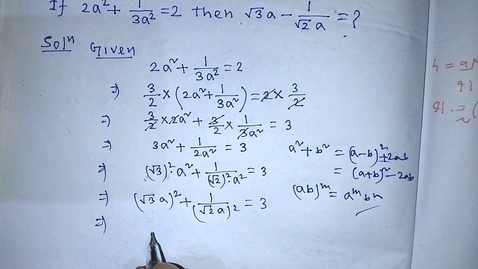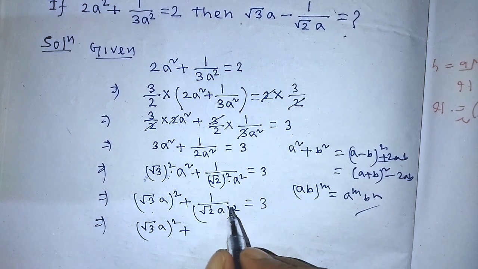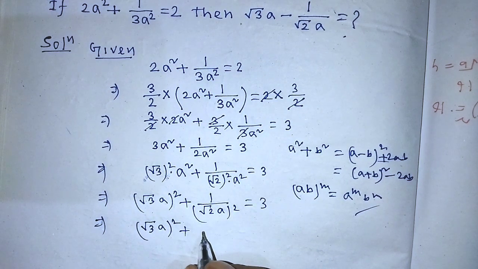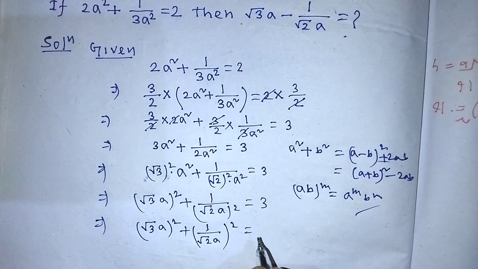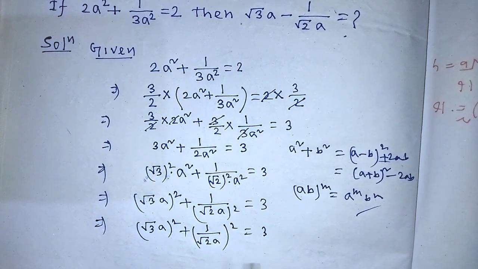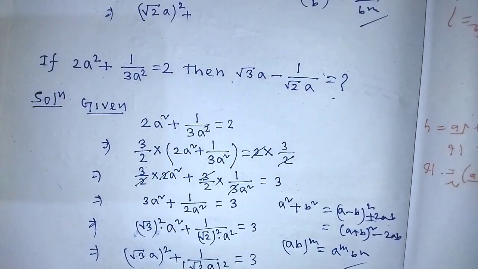Now, if we write these terms in square form, we can write (√3a)² + (1/(√2a))² = 3. So student, now we are able to apply this formula.